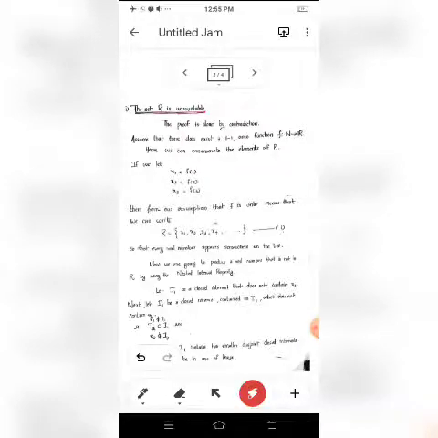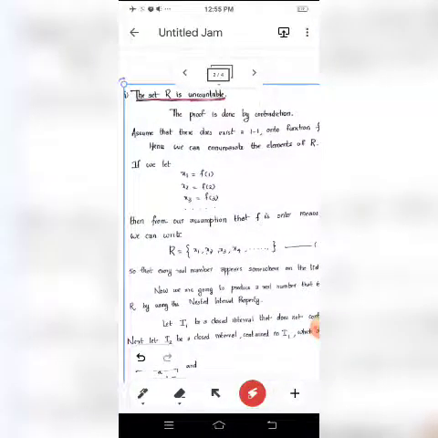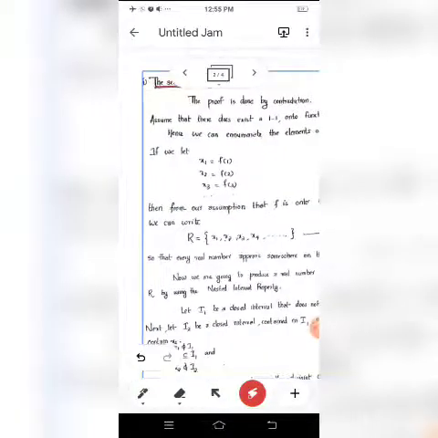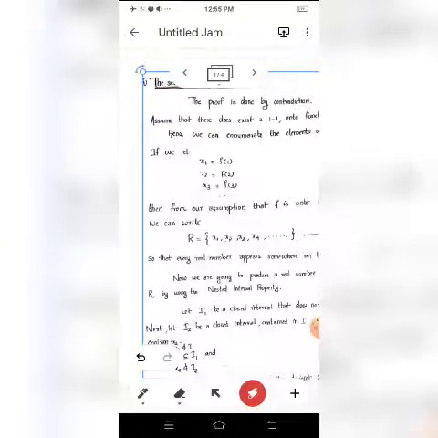So we let x1 equal f of 1, x2 equal f of 2, the image of 2, and x3 equal f of 3, the image of 3. We can continue like this.